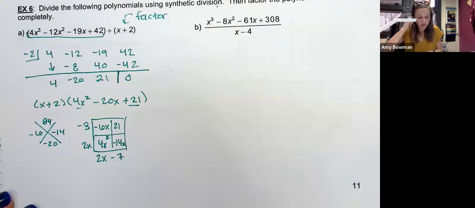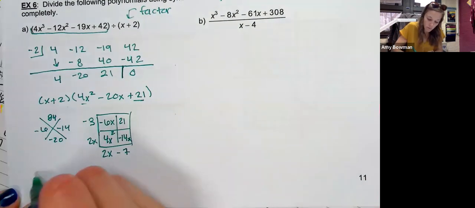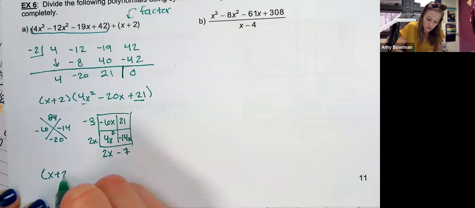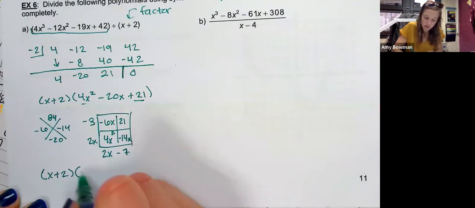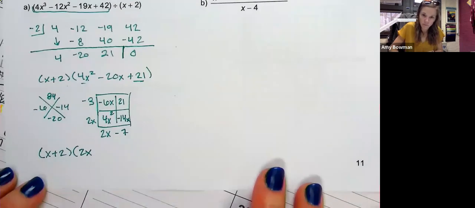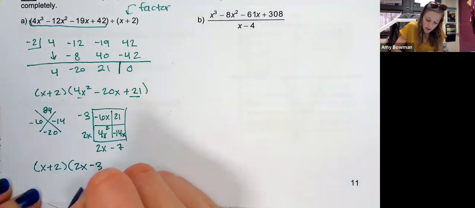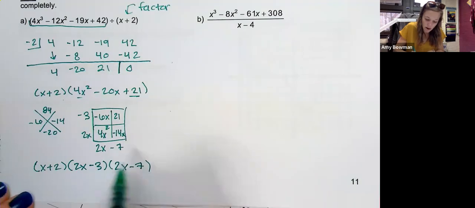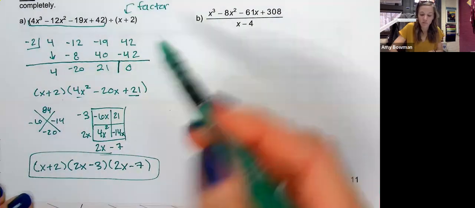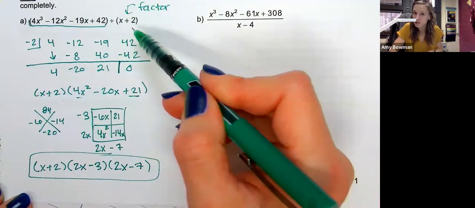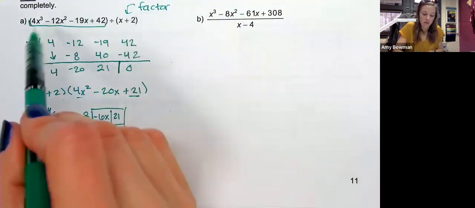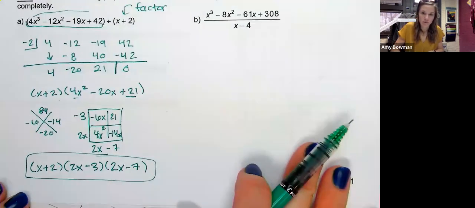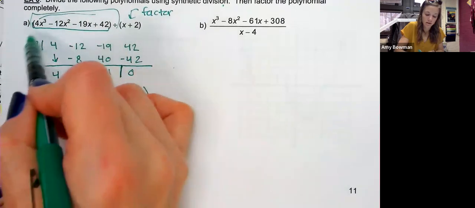So now I can write my final factored form, which would be x plus 2 times 2x minus 3 times 2x minus 7. So now we have the final factored form because we were given one factor.